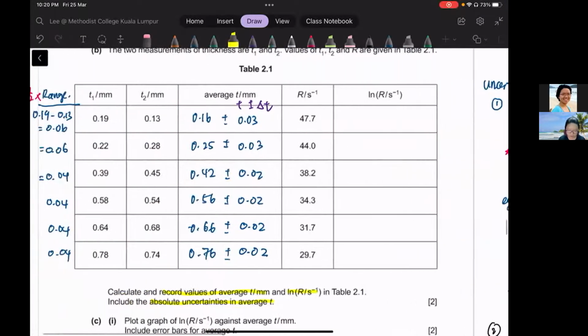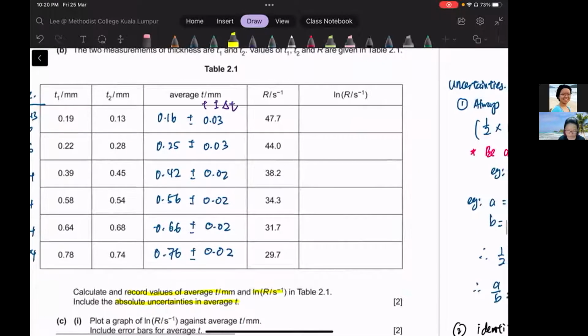We are not asked to find the uncertainty of ln R because we don't even have uncertainties for R in the first place. So I'm just going to cautiously remind you that ln is a special case. Normally, for all other values, we follow sig fig or +1.